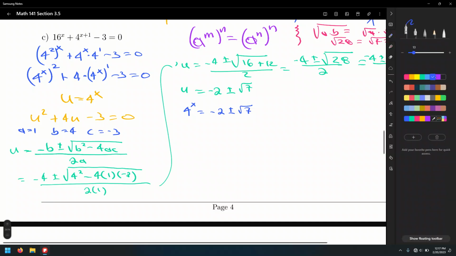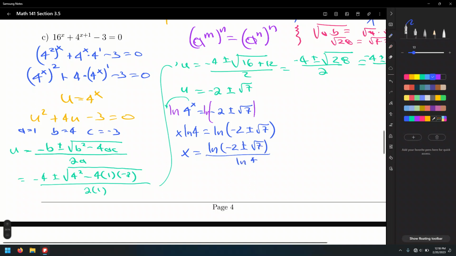So I'd rather just do ln, and smack down the x: x ln of 4 equals ln of negative 2 plus or minus the square root of 7, and x equals ln of negative 2 plus or minus root of 7, and then the whole thing divided by ln of 4.